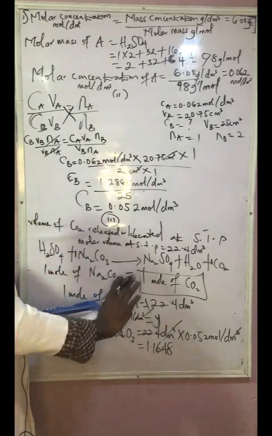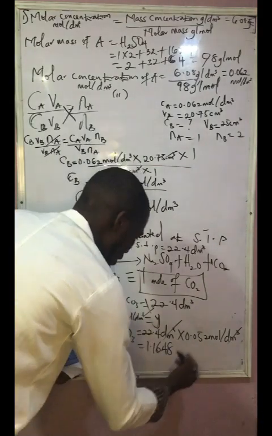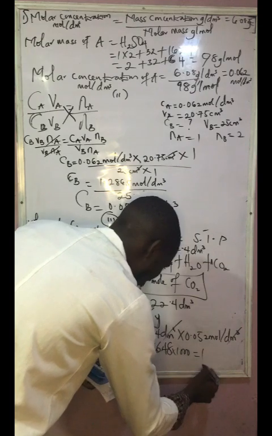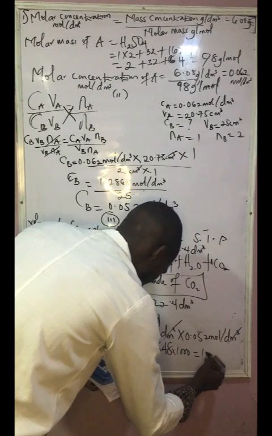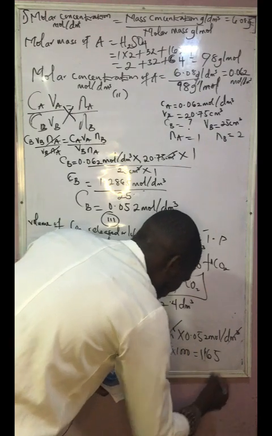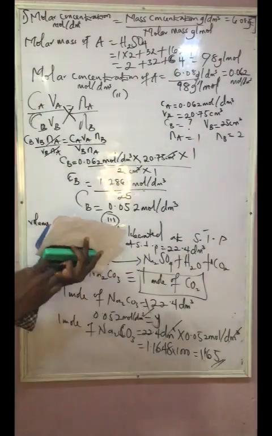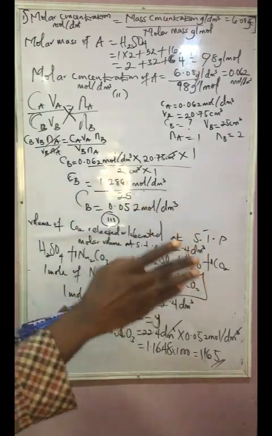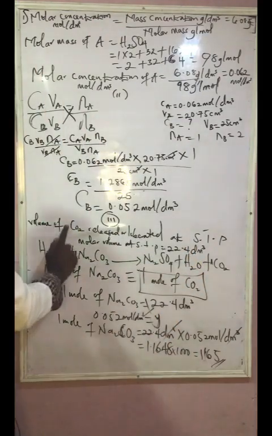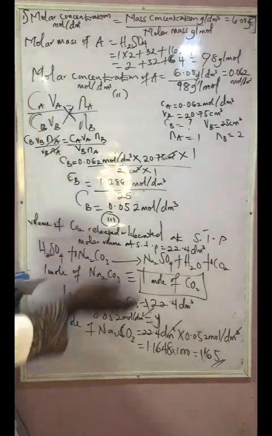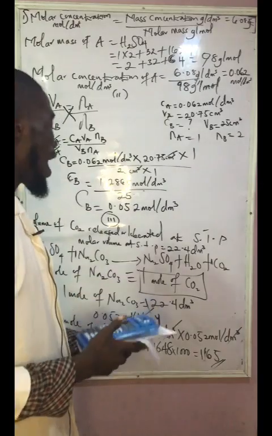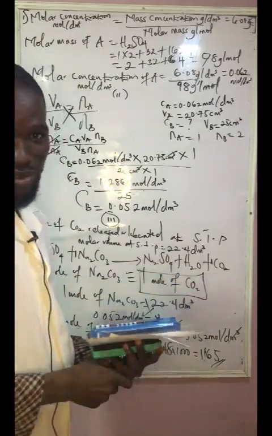So when you multiply by 1000, this will be 1165. We are talking about volume, not mole. That is more reason why we have to multiply it by 1000. So guys, the volume of carbon dioxide liberated at STP is 1165 cm cube. Is that clear now?